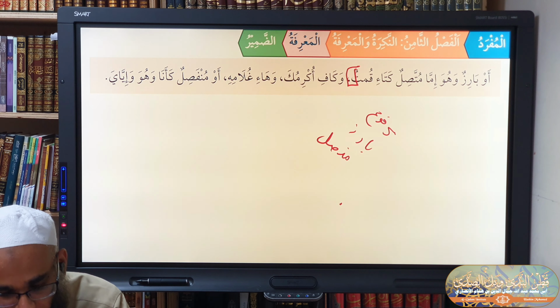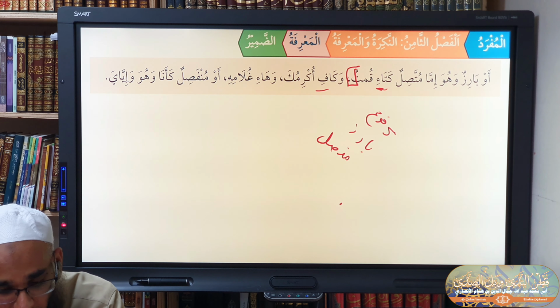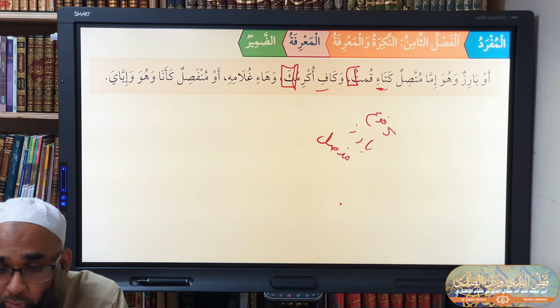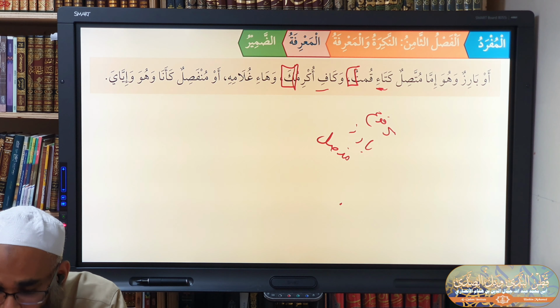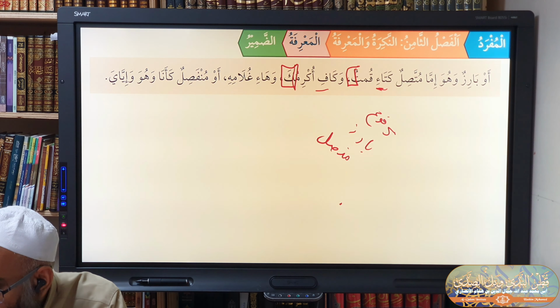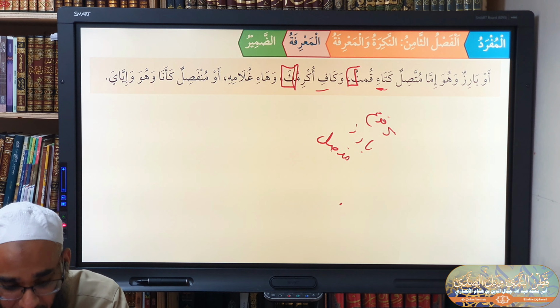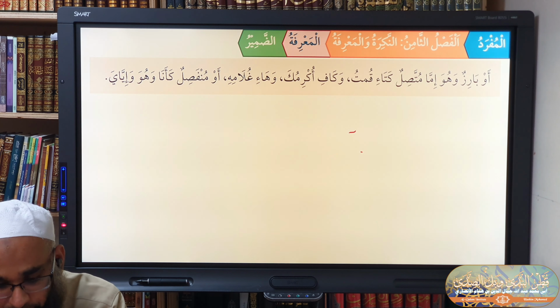Wa kaf ukrimuka. So like ta and like kaf. In ukrimuka, ka is a maf'ulun bihi. It is zamir mansub, baris and muttasil.